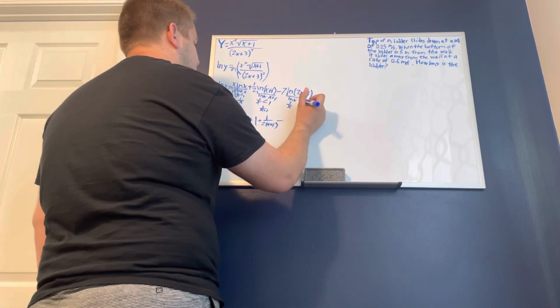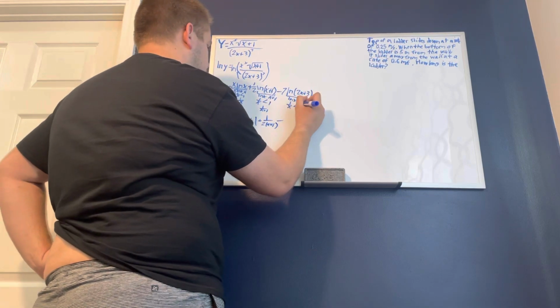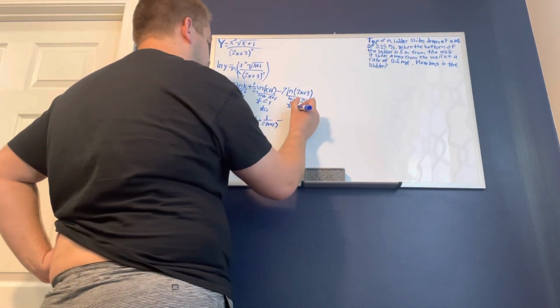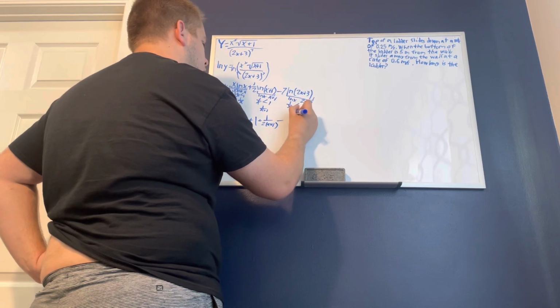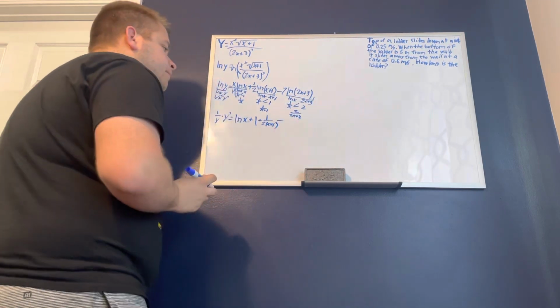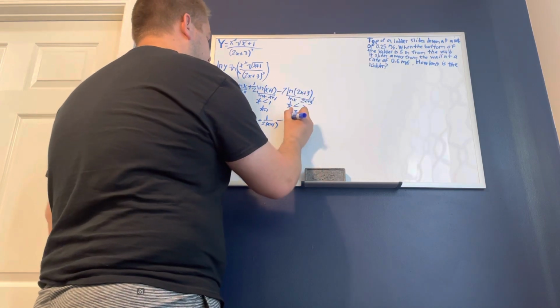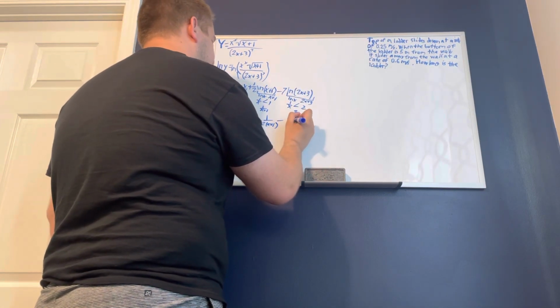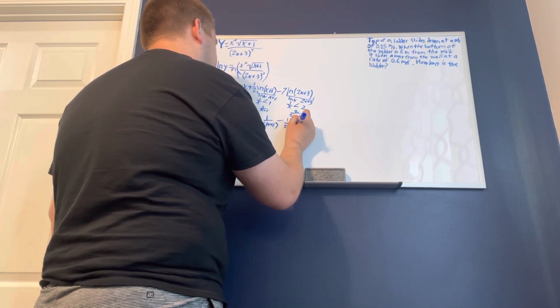The derivative of 2x plus 3 is 2. So we work out the derivative of ln(2x plus 3) is 2/(2x plus 3). Then we multiply that by 7, and our final answer is 14/(2x plus 3).